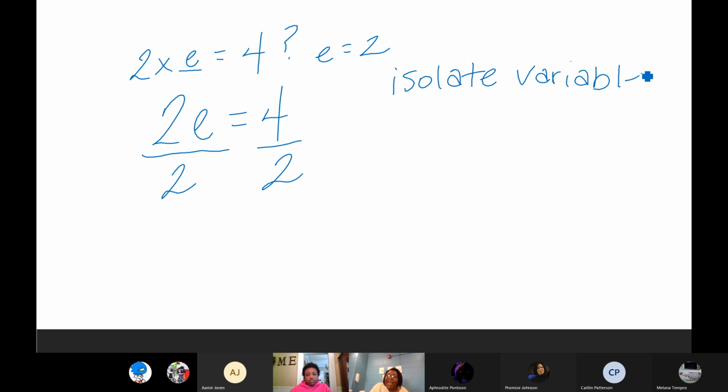When we isolate our variable, we're dividing by 2. And now we just have that E by itself with an invisible 1 there. Anytime we see a variable alone, it has an invisible 1 beside it, okay? That doesn't change anything. It's just one variable there, okay?